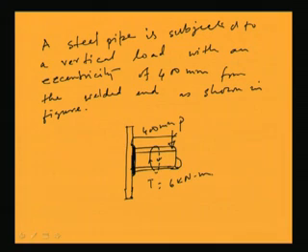Okay. Now the steel pipe is subjected to a vertical load with an eccentricity of 400 mm from the welded end as shown in the figure. So the pipe is connected to the rectangular plate of 10 mm thickness. So this thickness is 10 mm. Let me write down.